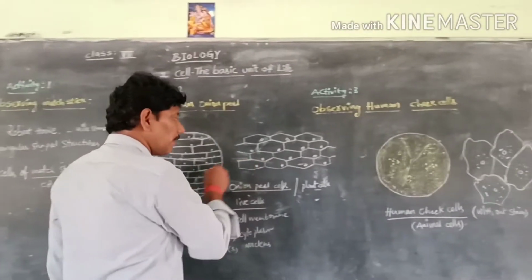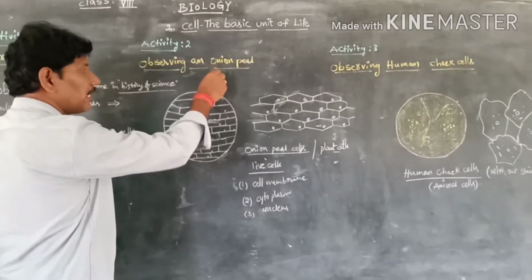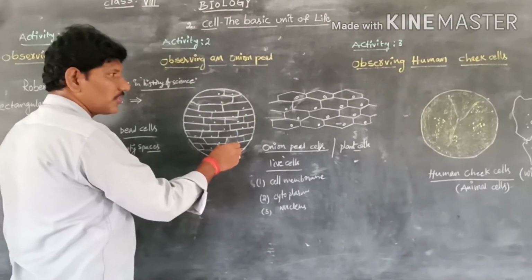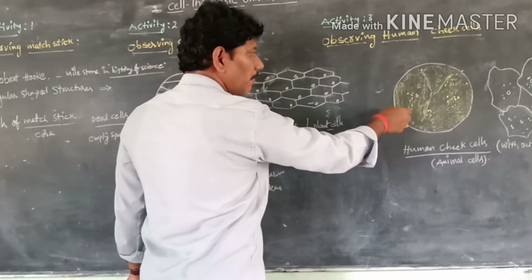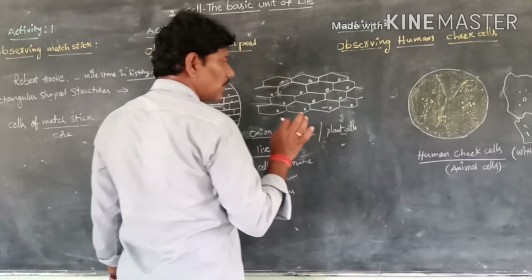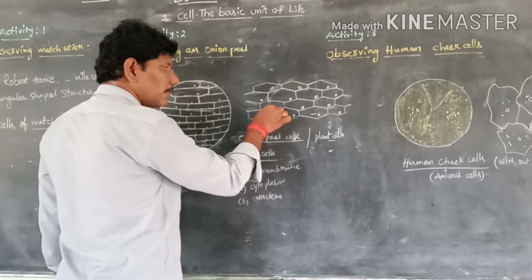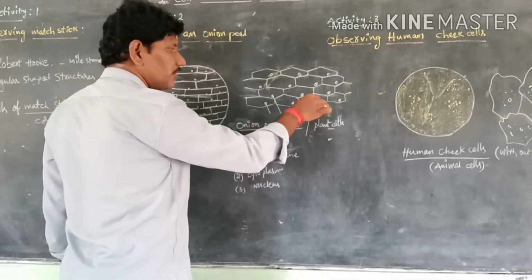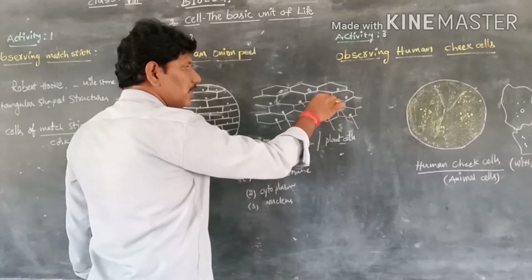In the previous lab activities we observed the onion peel cell specimen and the human cheek cell specimen, but in this part we are going to observe the nucleus, which is present in almost all the cells, a clear circular spot.